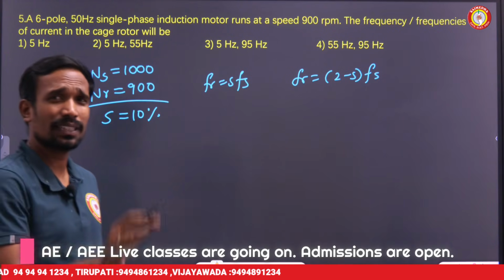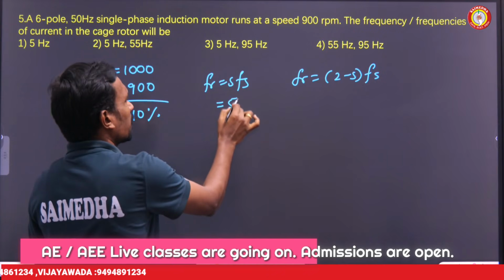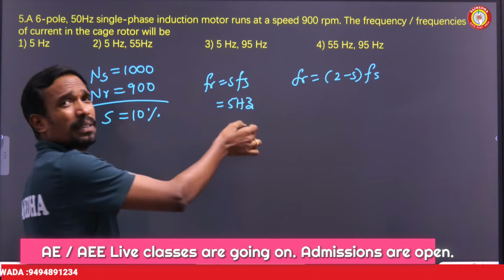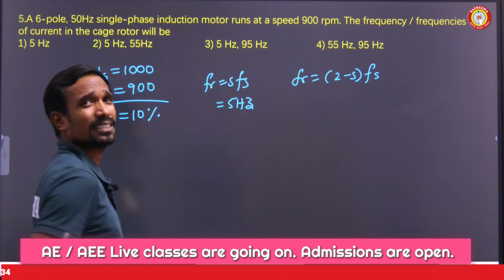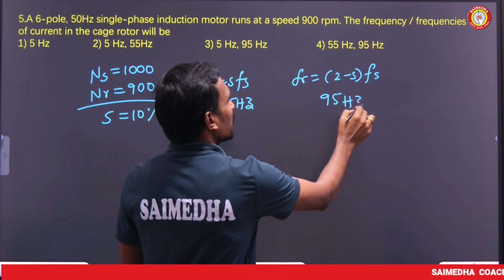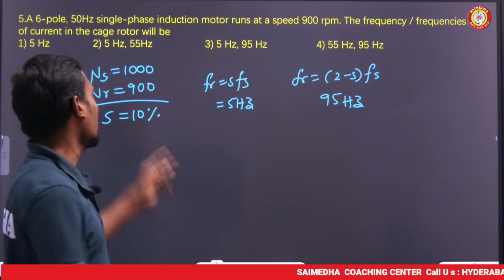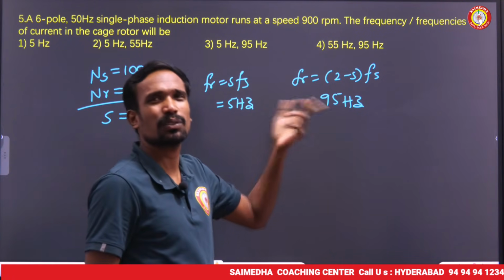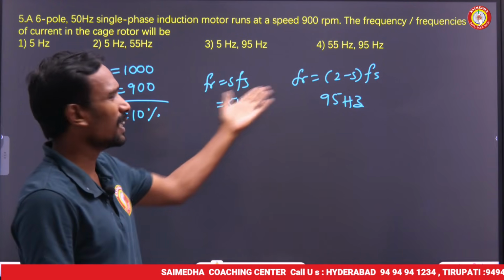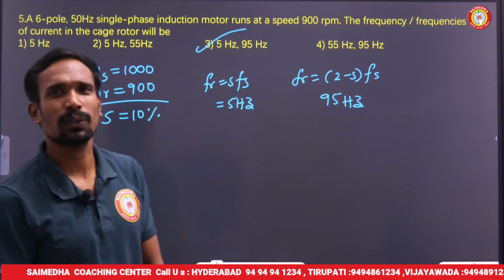Don't try to solve directly, you have to give the answer. If the slip is 10%, the rotor frequency is 5 Hz, and the other one is 95 Hz. We gave a table, so directly give the answer. If one is 5, the other will be 95, no doubt.